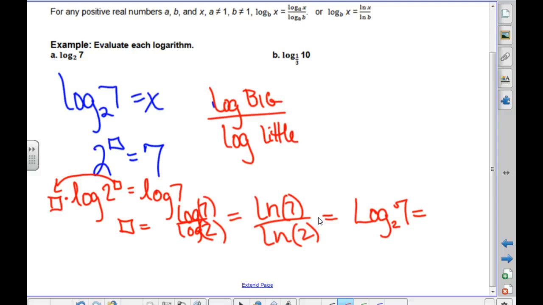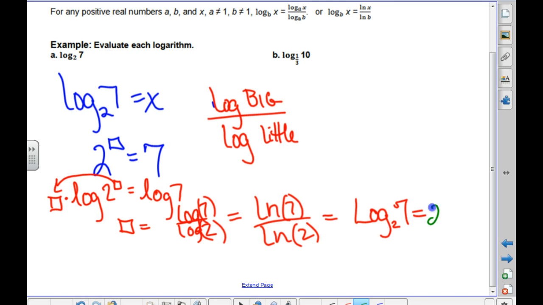Oh, you did one time log and one time ln? Yeah. Okay. You have to do both the same. That's a good question. Yep. You have to do both the same when you're doing change of base.